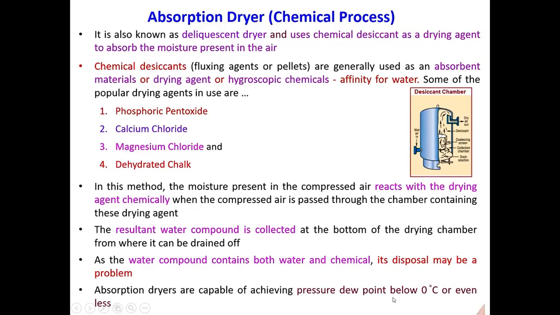In this method, the moisture present in the compressed air reacts with the drying agent chemically. When the compressed air is passed through the chamber containing this drying agent, the resulting water compound is collected at the bottom of the drying chamber from where it can be drained off. As the water compound contains both water and chemical, its disposal may be a problem. Absorption dryers are capable of achieving pressure dew point below 0 degrees or even less.